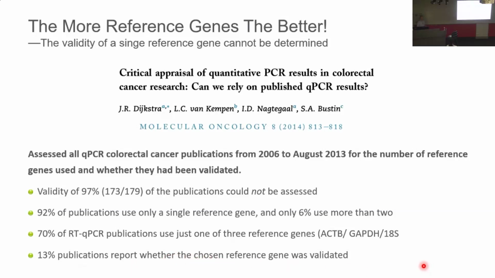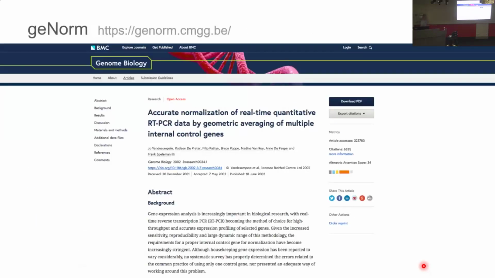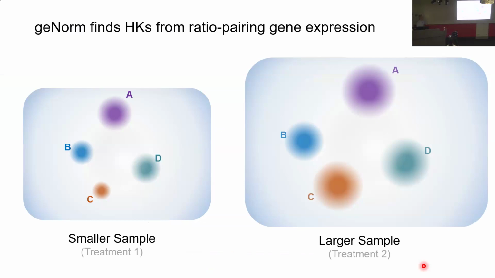So you see, it's kind of green fields out there for doing this properly, right? There are a few examples of this algorithm that work much the same way, but the one that I would pick would be geNorm. It's publicly available. You've probably heard of it. So this is an algorithm that works with multiple reference genes. Here's how I explain it.